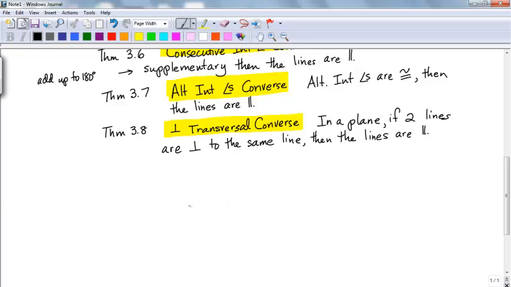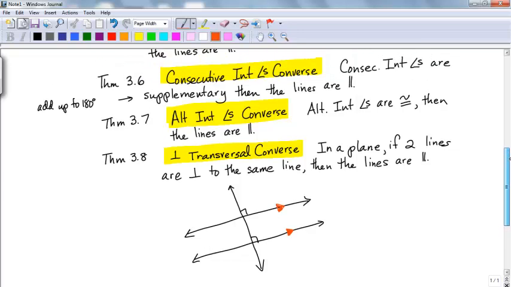And it would look like this. If this line and this line are both perpendicular to this line, if they are both perpendicular to the same line, then those two lines are parallel. So these are basically the converse of section 3.2.